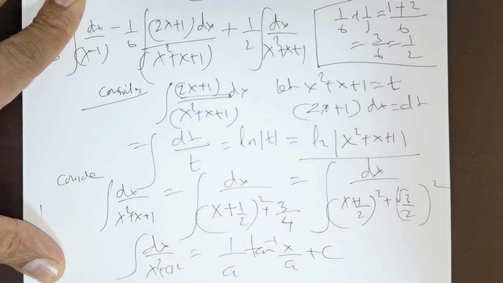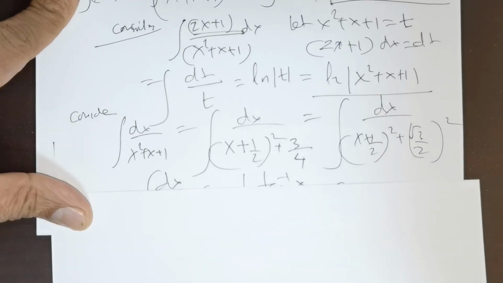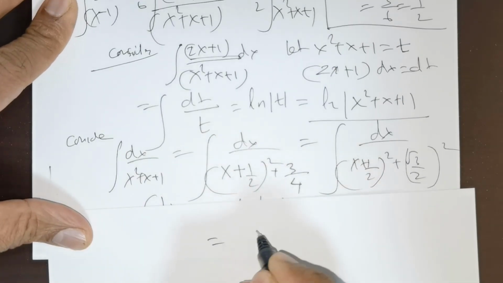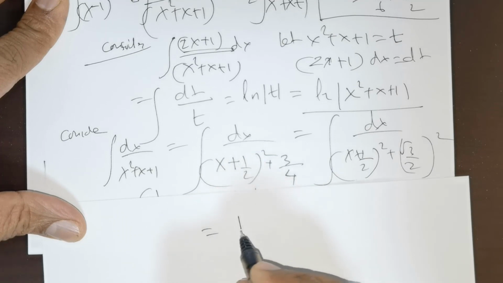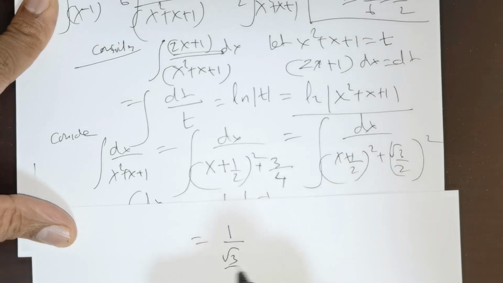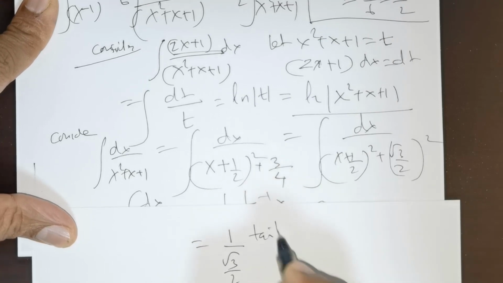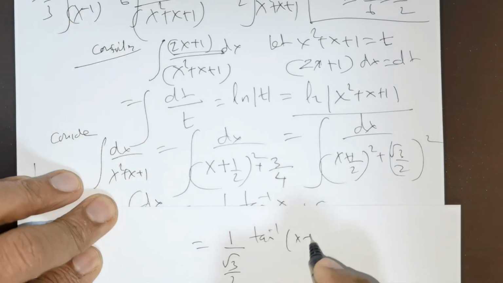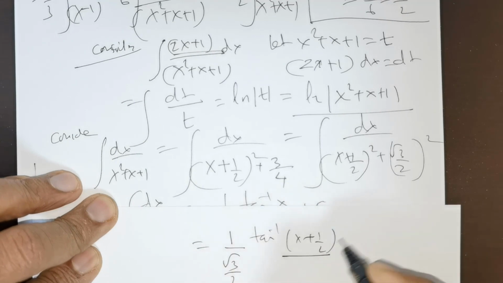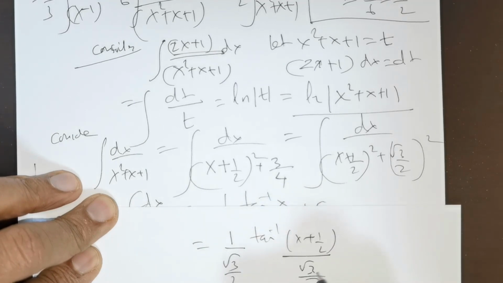Now let me go to the next sheet, and thereby I can rewrite this as 1 over a, where a is root 3 over 2, times tan inverse of (x + 1/2) divided by root 3 over 2.